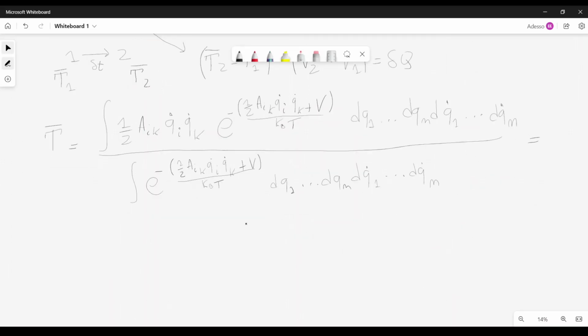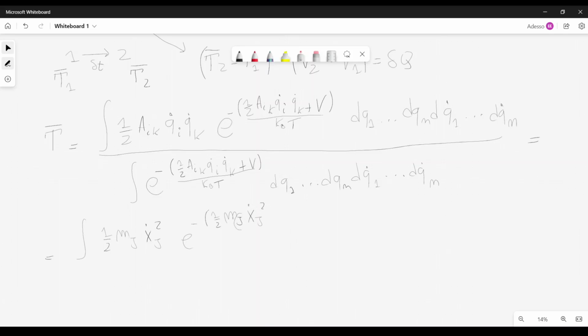Now this calculation will be simpler if we go from the coordinates q1 ... qn, q dot 1 ... q dot n to the coordinates x1 ... xn, x dot 1 ... x dot n, because the kinetic energy will have a simpler form. So we will have the integral of 1/2 m_j x dot j squared e to the minus 1/2 m_j x dot j squared.